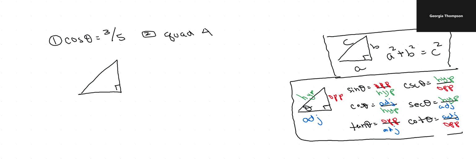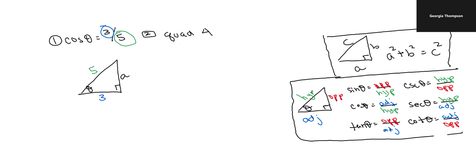And so I know cosine, here's my theta. So I know that cosine is the adjacent over the hypotenuse. So the top one here must be the adjacent, and the denominator here must be the hypotenuse. And then I can find the other side using Pythagorean.